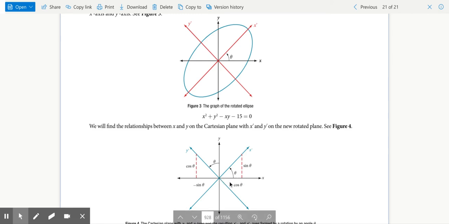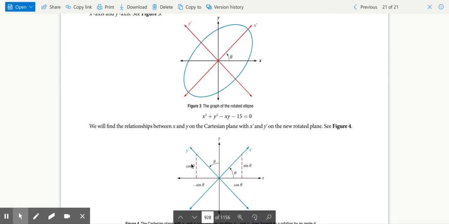Okay? And then if this is theta, because if we shifted the x-axis by theta, then we've also shifted the y-axis by theta. So now sine and cosine are switched because theta is up here instead of down here. So this is cosine theta.